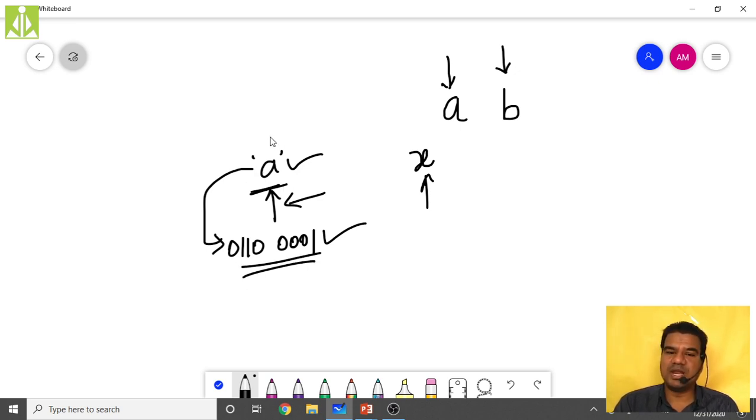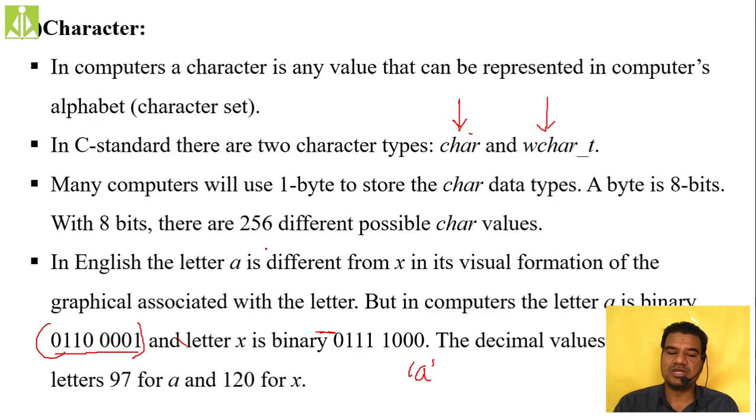We human beings understand A like this, but your computer will understand A like that. Not only for A, but for all the characters in C's character set, every character has an associated ASCII value and an associated binary equivalent value. Only those binary equivalent values will your computer understand.